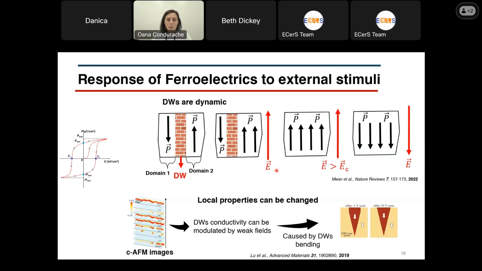However, we know now that some domain walls are not mobile. But what's more is that even at so-called weak fields, before the long-range movement of the domain wall is activated, we can still have some change in the local properties of the wall. This is one example where the domain wall plane is changing, which leads to a change in the domain wall conductivity.